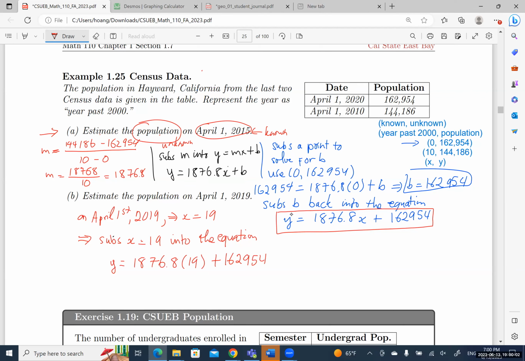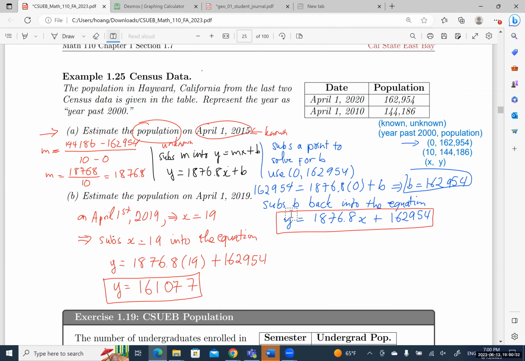And that will give us 161,077 as the answer. Okay, so that's going to be the answer for this problem.